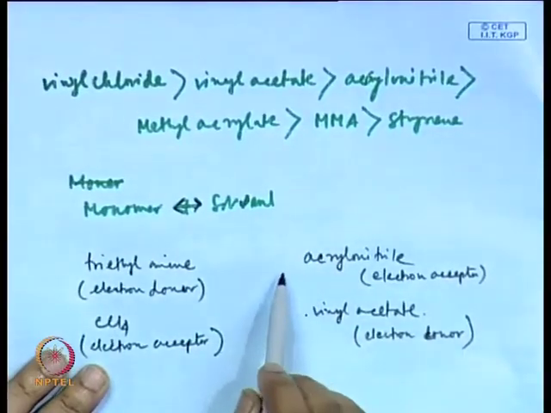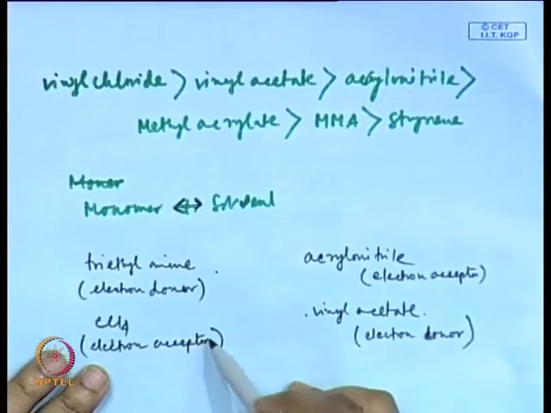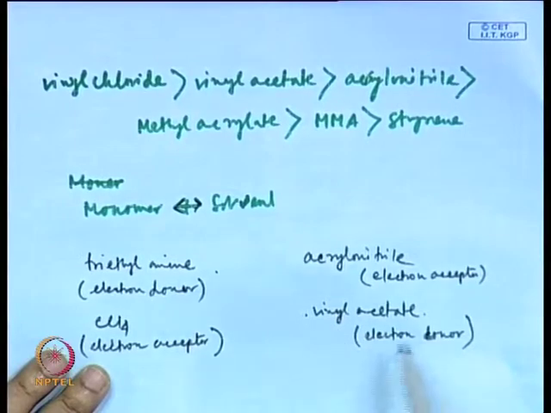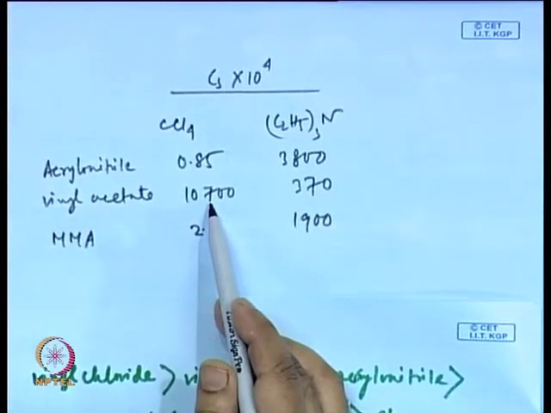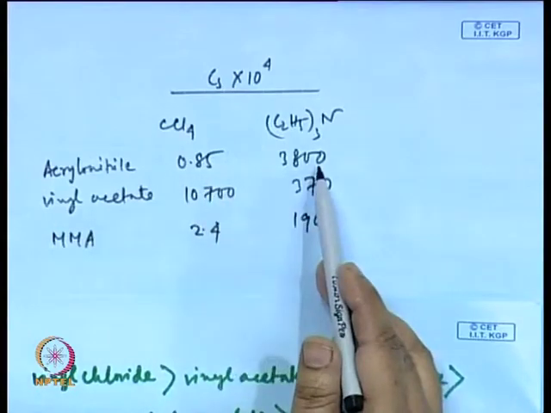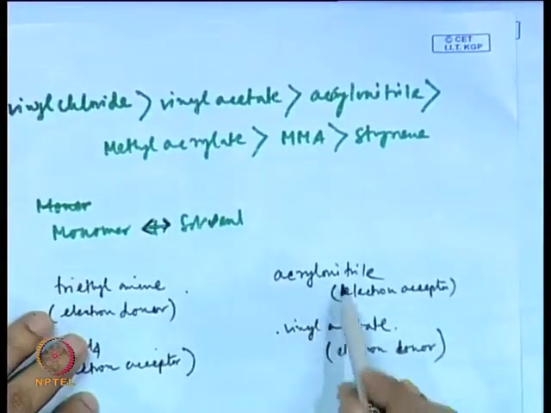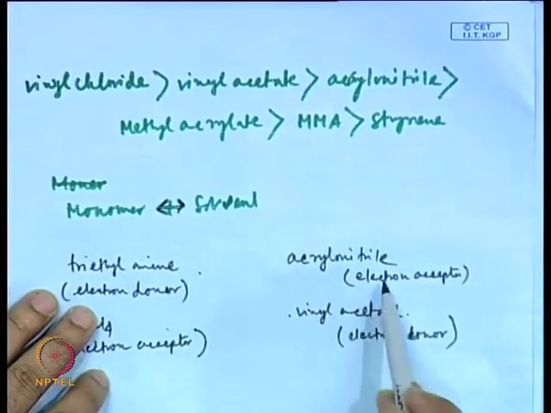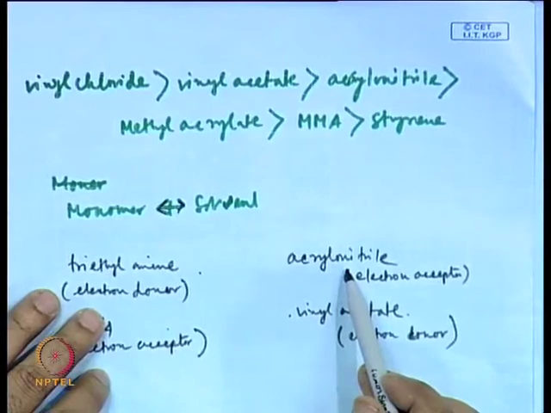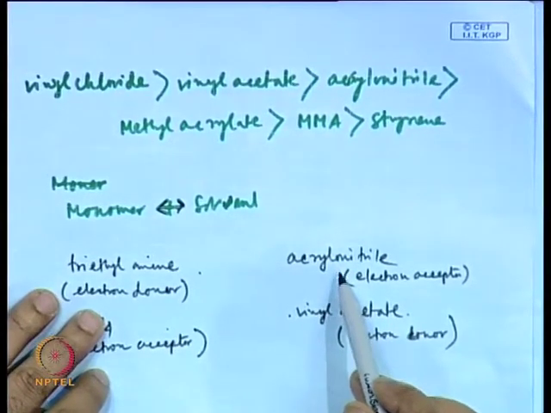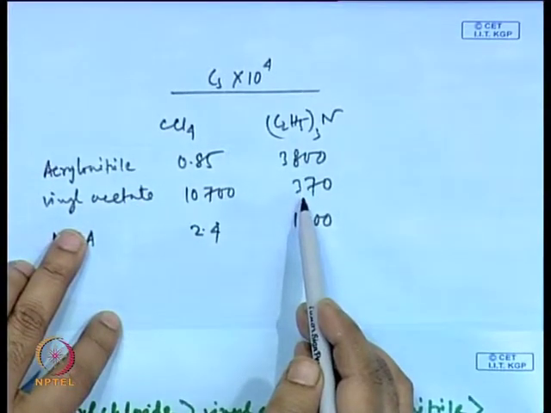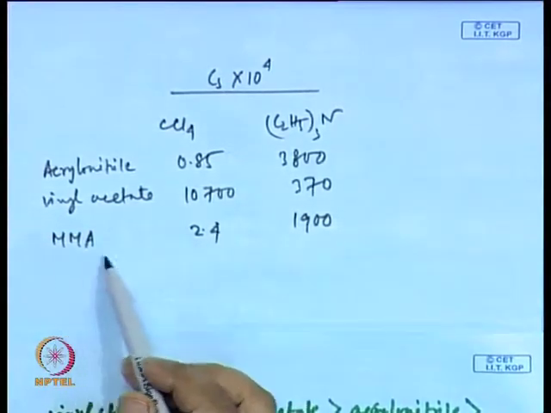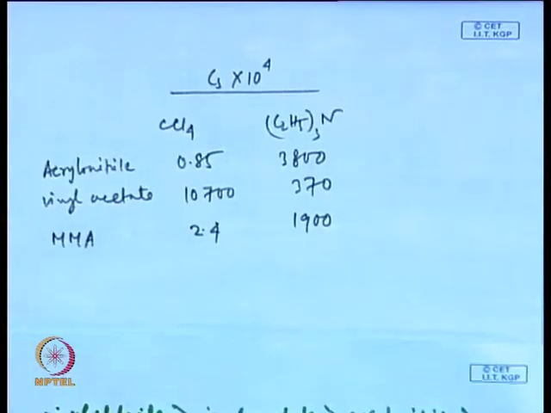So, acrylonitrile will prefer reacting with this as a transfer reaction compared to this, whereas vinyl acetate will be reacting more with this than this. Vinyl acetate has more tendency for transfer reaction with CCl4, but acrylonitrile has more tendency to undergo reaction with trimethylamine. Now, when two monomers compete for the same solvent, because this is a donor, it will have more transfer reaction tendency with acrylonitrile. So, if you look at triethylamine, the value is higher for acrylonitrile than vinyl acetate. Okay. So, you can justify the values for methyl methacrylate, which is again an electron accepting monomer.